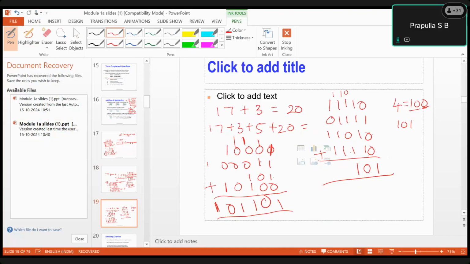Again 1, 0 I have to carry. 1, 0 is 2. 3, 4, 5, 6 I got. 6 is 1, 1, 0. So I'll put a 0 here. Carry 1, 1 here. 1, 1 is 3. 3 plus 1 is 4, 5, 6. So 6 means I should put 0 and carry of 1, 1. So I will write it to the left.